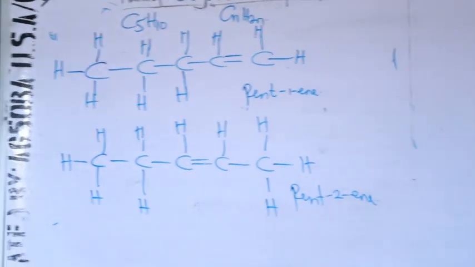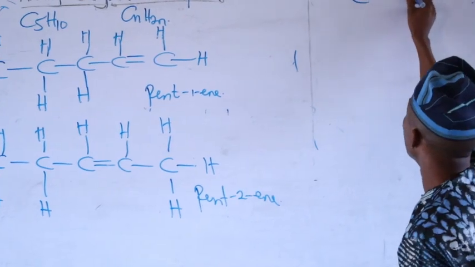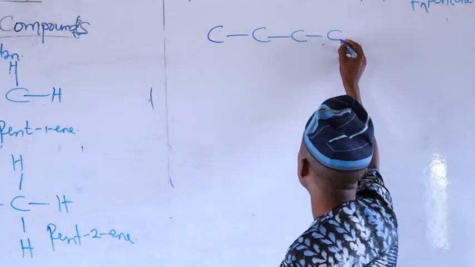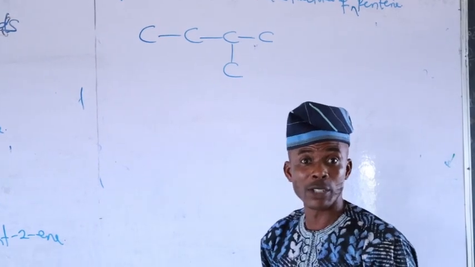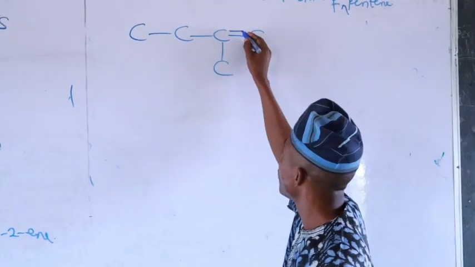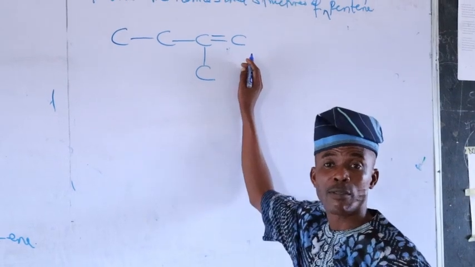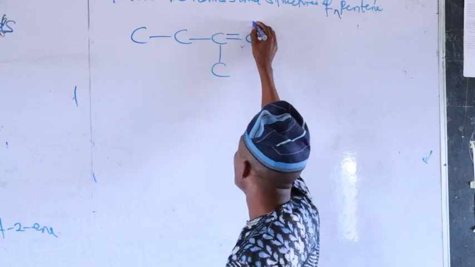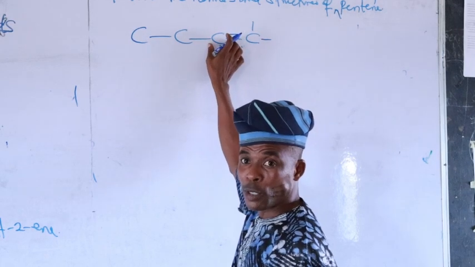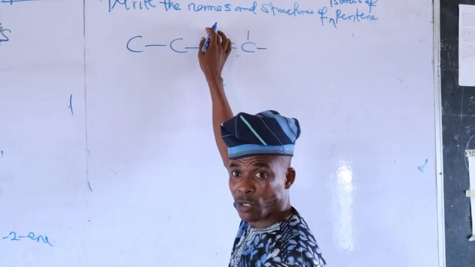Now we can write the 4 carbon atoms like this. Then you take 1 carbon as a branch. Then the first carbon here can have the double bond. Then complete the remaining ones. Already this carbon has 4 bonds. You cannot have anything attached to this.